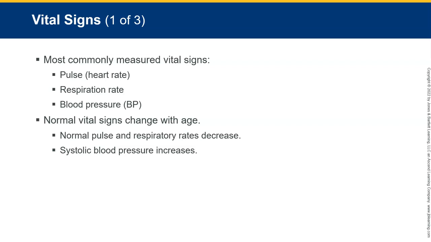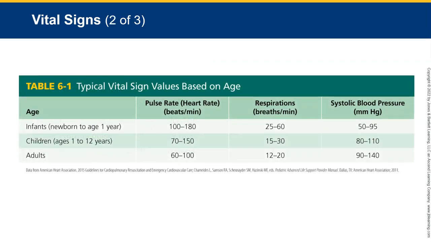So normal vital signs change with age. Now, we do have these things listed as what is normal, but we also have some normals within certain age groups as well. Normal pulse and respiratory rates decrease, and systolic blood pressure increases as we start talking about aging. So here's a quick little table just to give you an idea about where things should be.